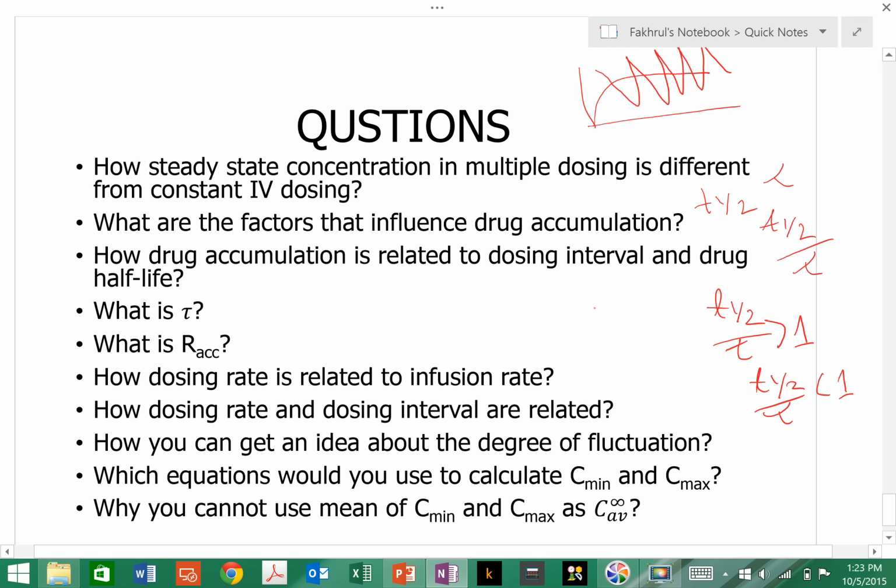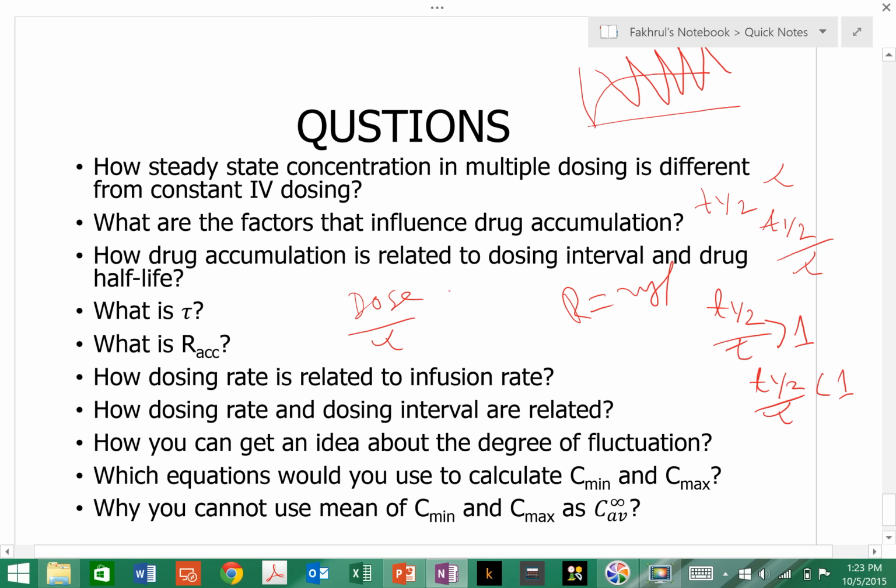How is dosing rate related to infusion rate? Dosing rate is the same as infusion rate. In case of dosing rate, you calculate dose divided by tau. Infusion rate, we know R is something like milligram per hour. Same is dosing rate.